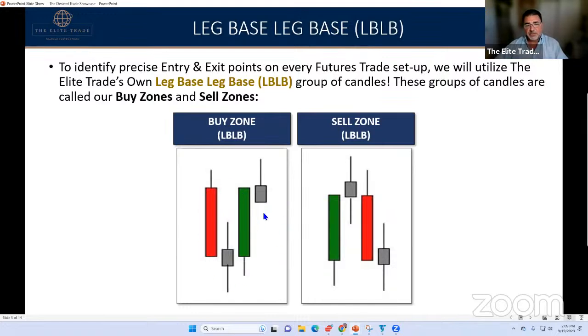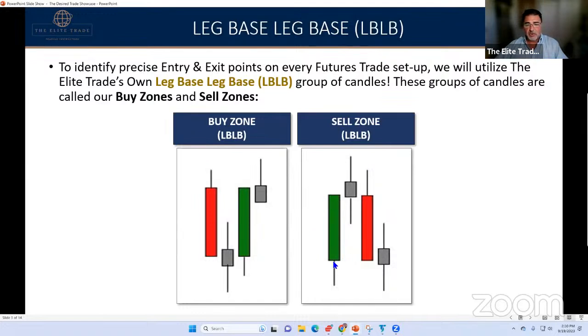We have a sequence of candles: leg in, a base, a leg out, and a base. And this would be used for when we are looking for an opportunity to go long in the market. We have a sell opportunity, or sell zone: a leg in, a base, a leg out, and a base, okay? With each of these zones, the colors matter.